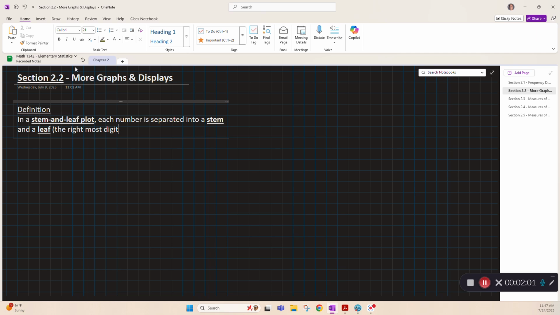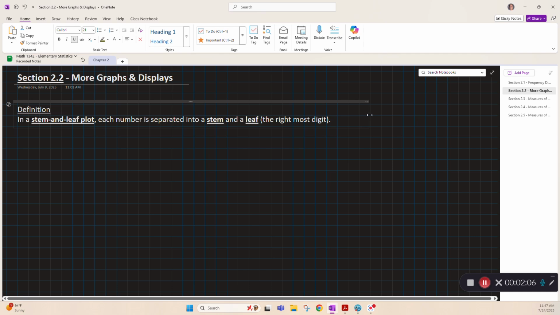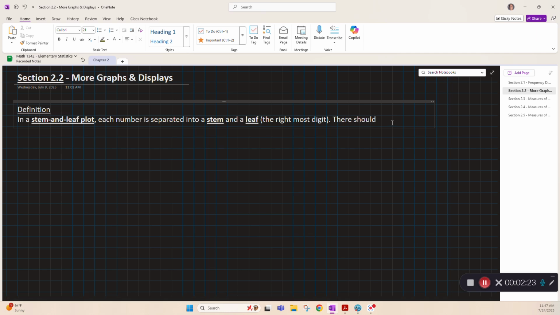It doesn't matter how many digits the number has, or even if there's a decimal, it doesn't matter. In a stem and leaf plot, the leaf is always the rightmost digit. So there should be as many leaves as there are entries in the data set.